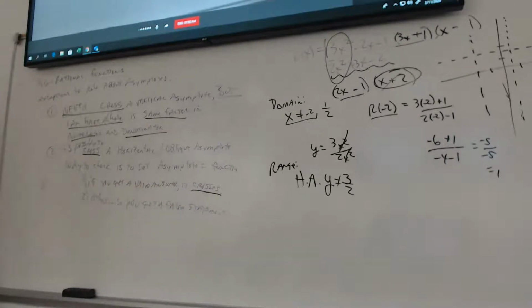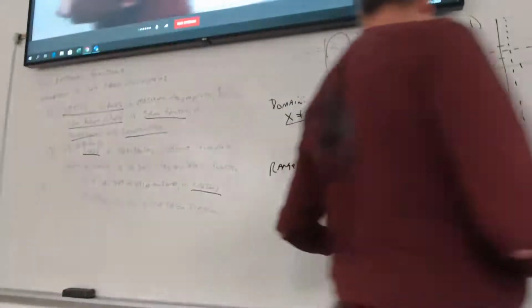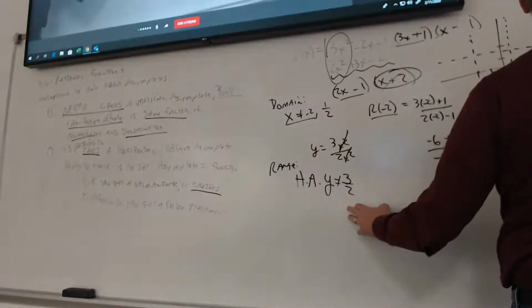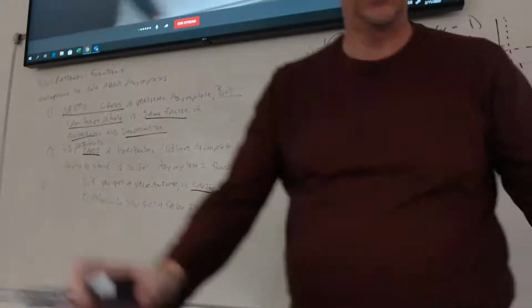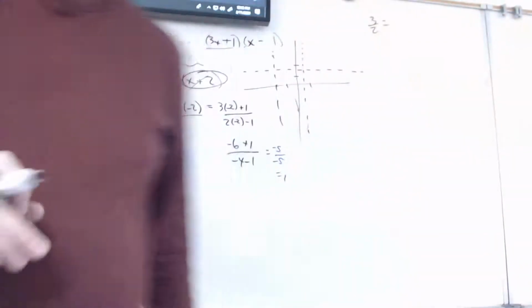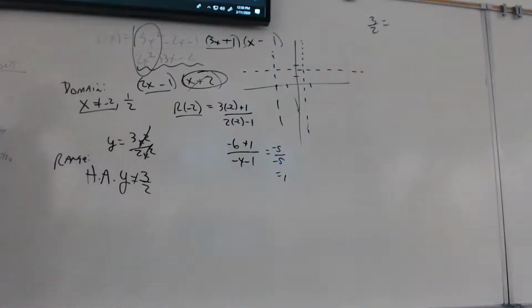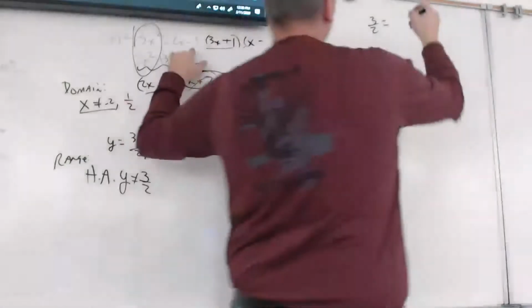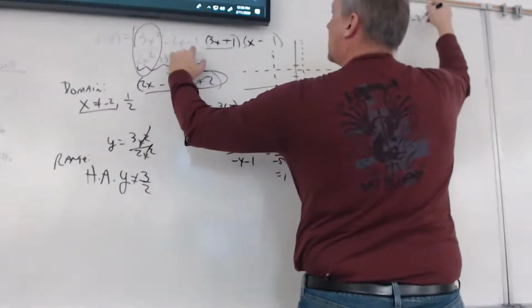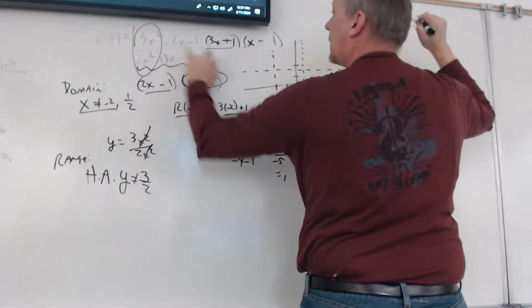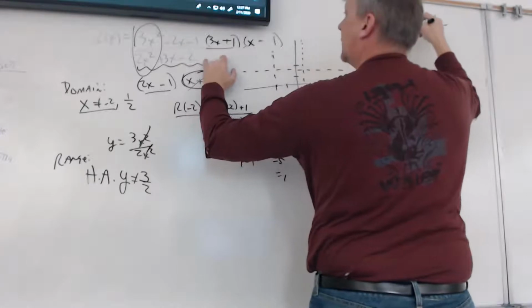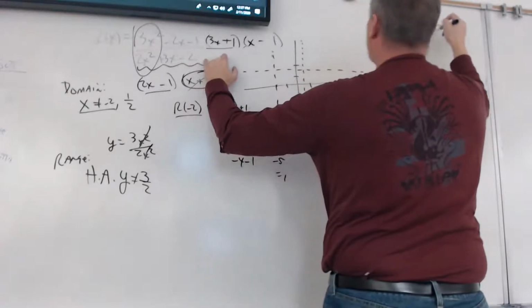So how do you do that? Set the asymptote equal to the function. Okay, so we're going to set this, even though y cannot equal 3/2, we're going to set it equal to 3/2. 3/2 equals what? 3x squared minus 2x minus 1 over 2x squared plus 3x minus 2.